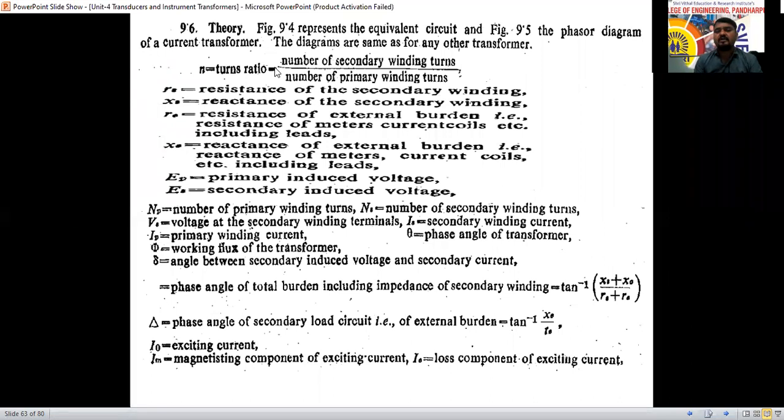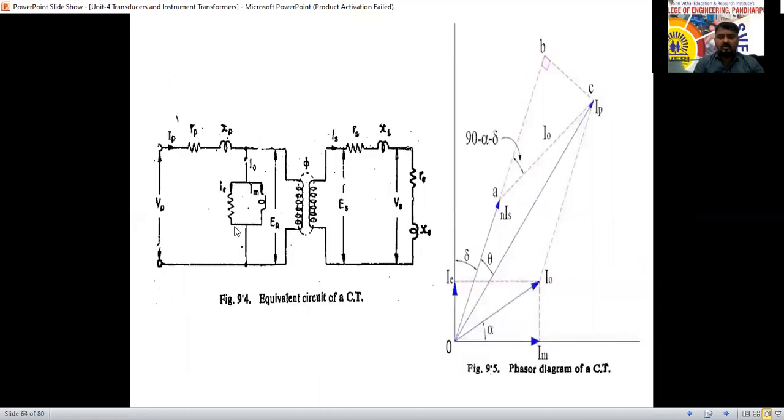So first we know the turns ratio is the number of secondary winding turns to the number of primary winding turns. I will show this circuit diagram here now. See here, the equivalent circuit diagram of the current transformer. So that is RP, the resistance of primary winding, and the reactance of the primary winding we are going to use.